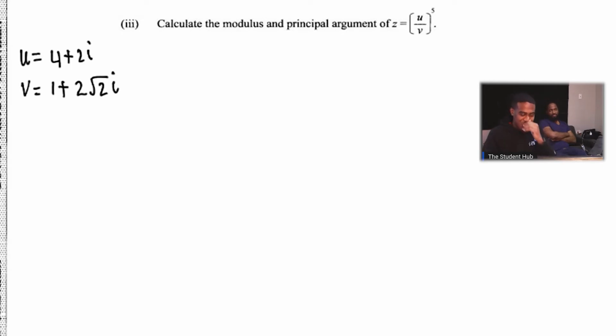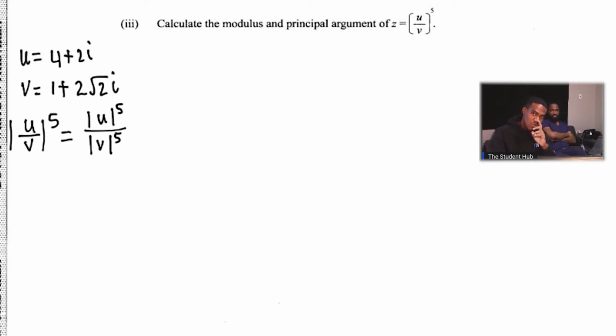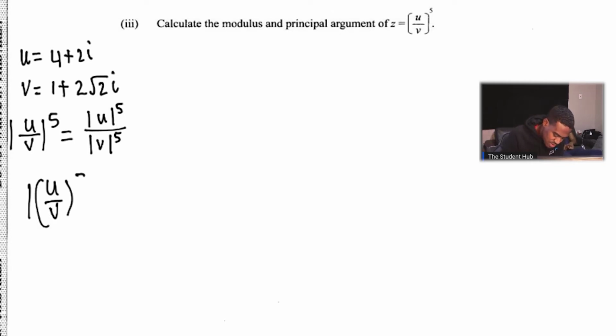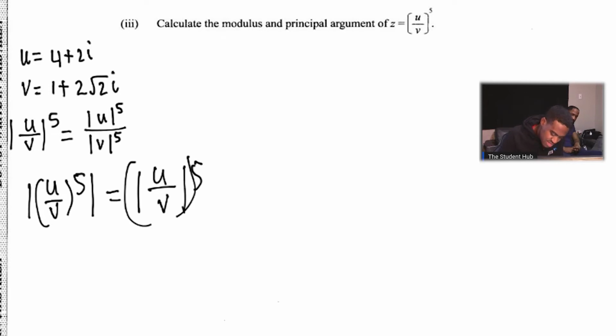So what we need to do here next is let's look at finding the modulus, right? And this is the rule that we want to employ, right? With complex numbers, we could do this. We want to find the modulus of, what is it? It's actually, for this one here, the modulus of u on v all to the power of 5, right? But you could bring that modulus outside to express it as the entire thing, right?